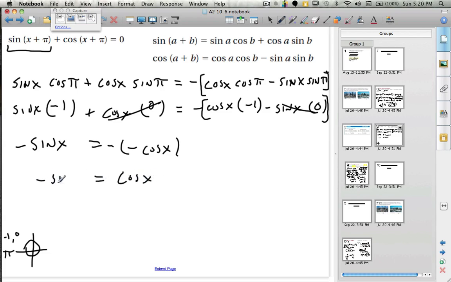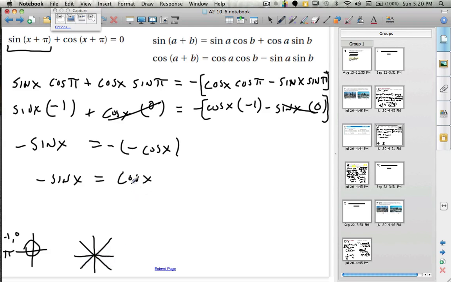So where does the opposite of the sine of x equal cosine of x? Well, going back to the unit circle, this would happen, right? The sine and cosine are equal anywhere we have multiples of 45 degrees.